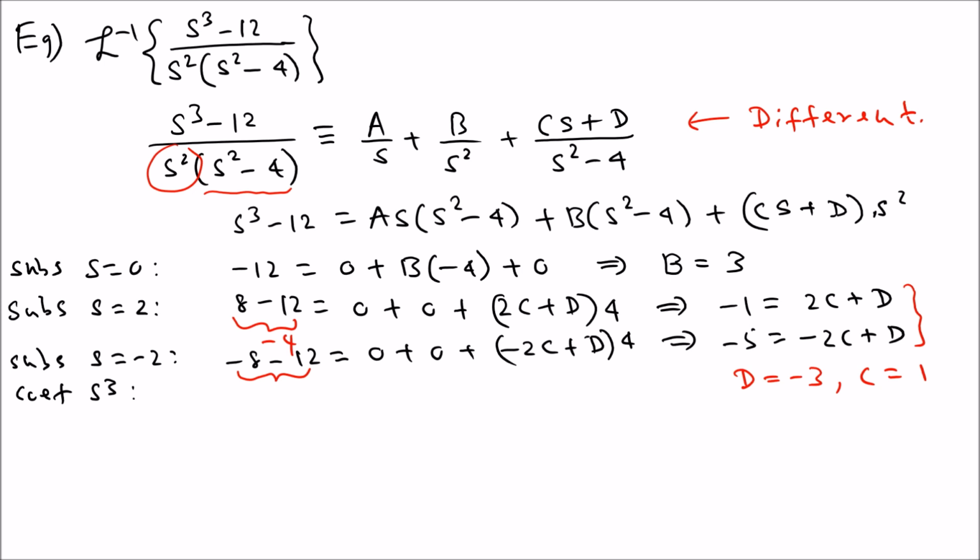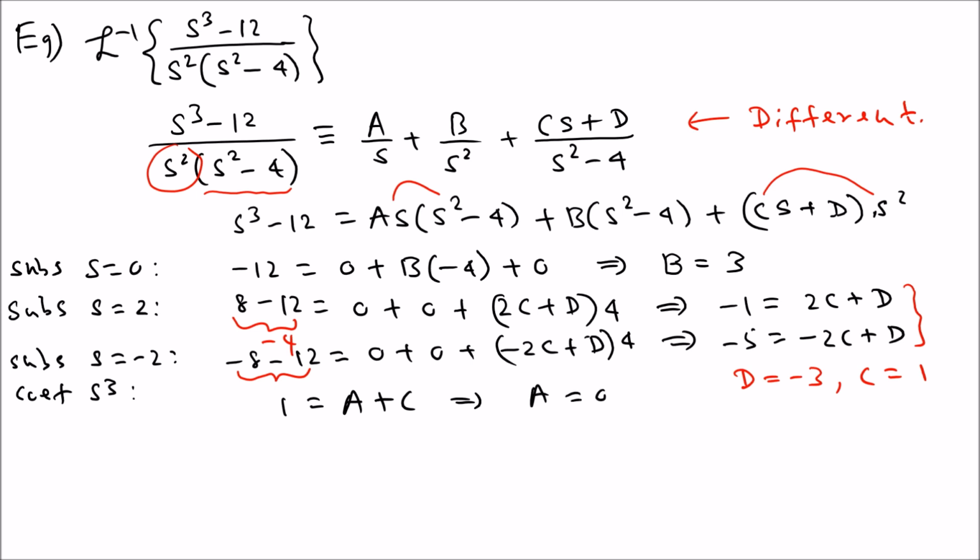You can get s cubed here, and also you can get s cubed there. So the coefficient is simply a plus c. On the other side here is 1. So you can write the equation as 1 equals a plus c. But we know that c equals 1, which says that a is 0.